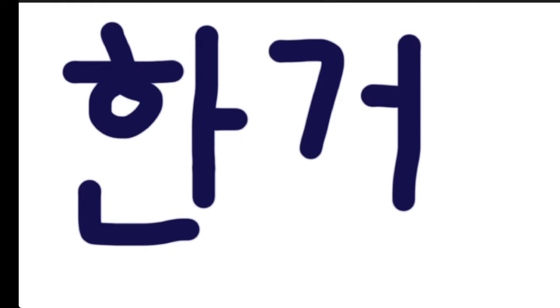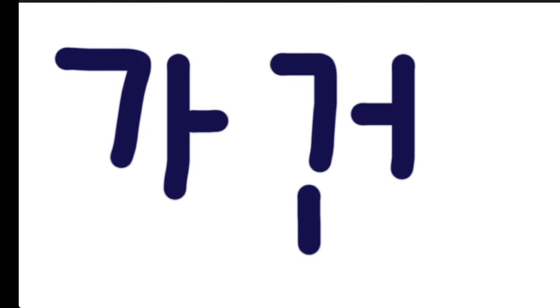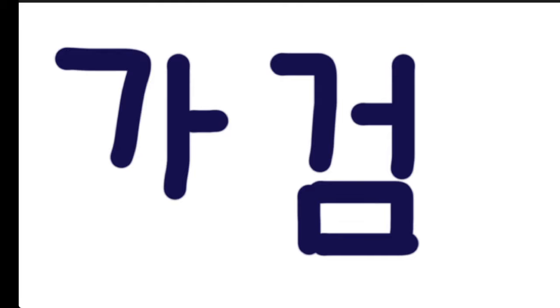Let's write another word. Let me see. Can't really think of something. Okay, Gagom. It's like the aluminum sword. K, Ga, and then Ka, Gom.